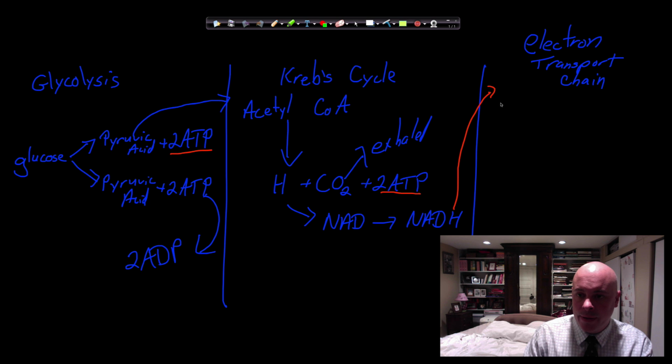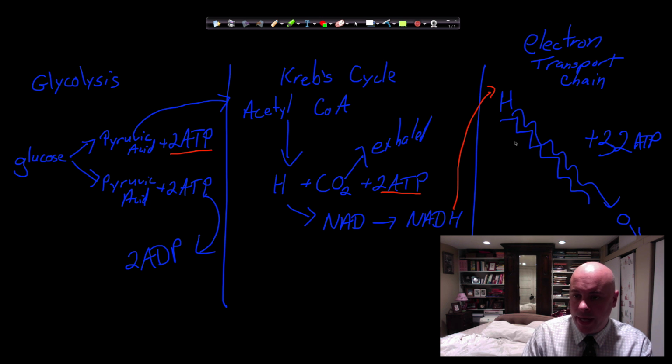Okay, so here the hydrogen is going to go through a series of steps, and as it goes through here, it's going to create 32 molecules of ATP. At the end of these reactions, there's going to be an oxygen, and when 2 of those hydrogens go through, we're going to wind up with water, H2O.